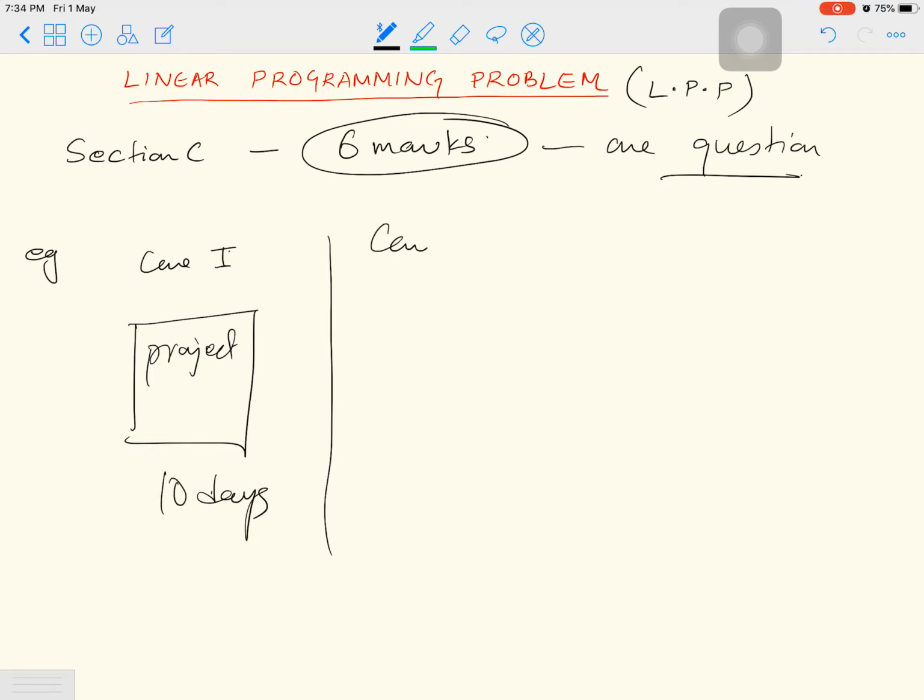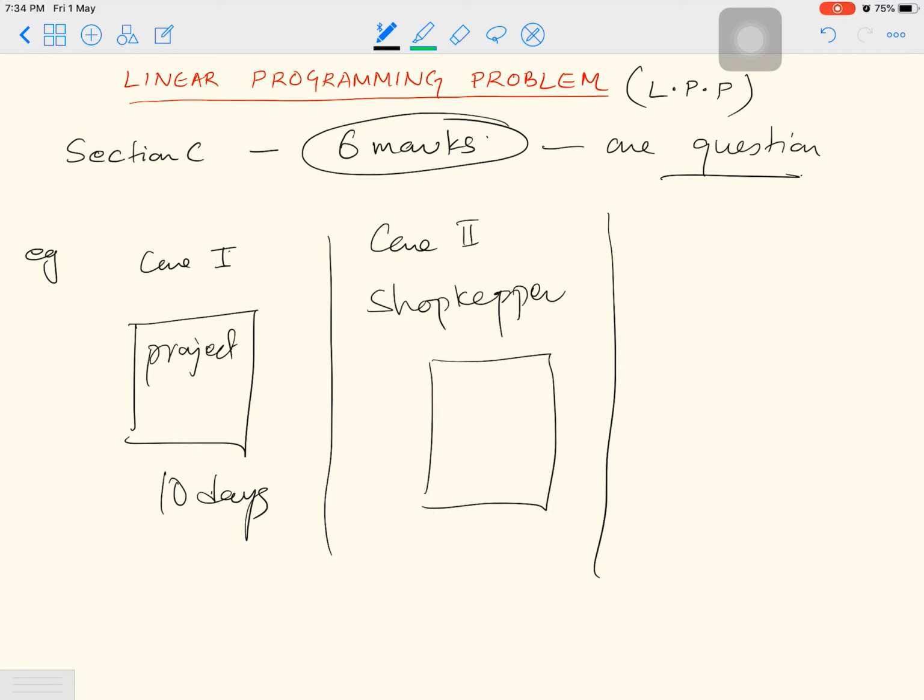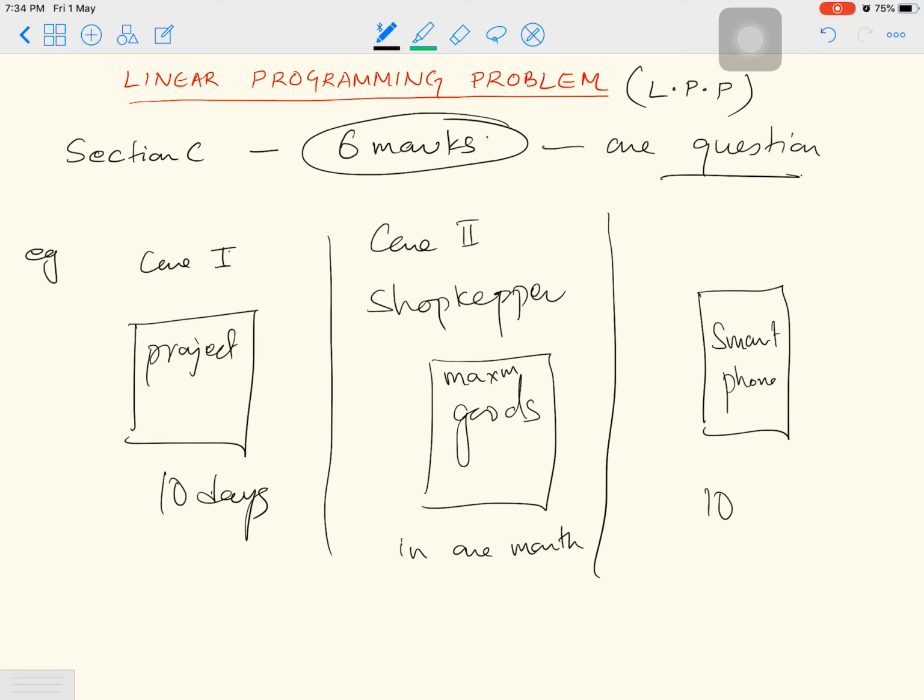Another situation: a shopkeeper has to sell the maximum amount of goods in 1 month. The third scenario: you need to buy a smartphone within 10,000. Okay, so these are the 3 situations that we have: case 1, case 2 and case 3.